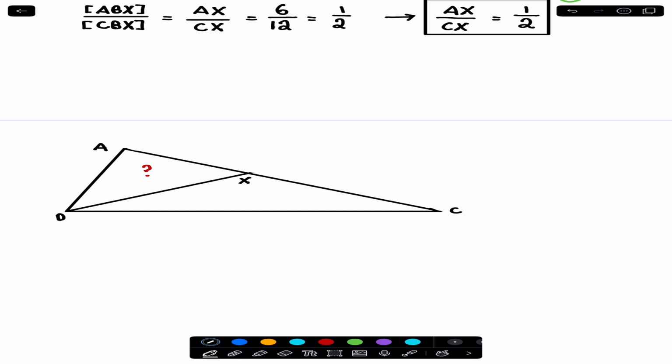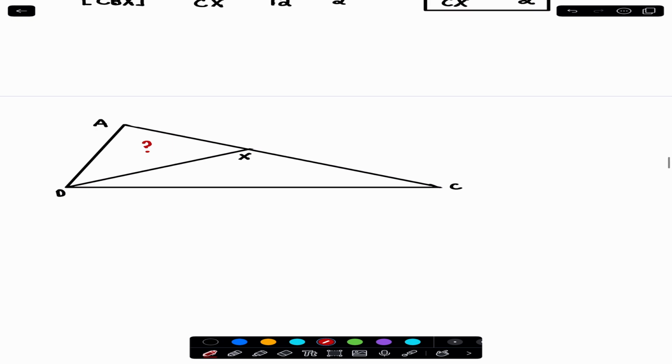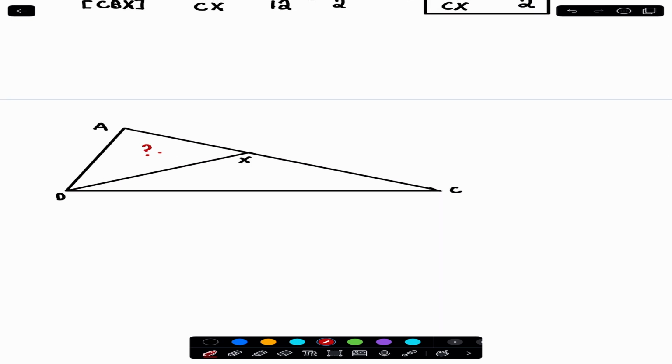Now, to make things easier, so that we don't always have to refer to it as the area of triangle ADX, let's just go ahead and call this M. Let's call this N. Next step, draw an altitude. The altitude is coming from point D, and it's going straight down.